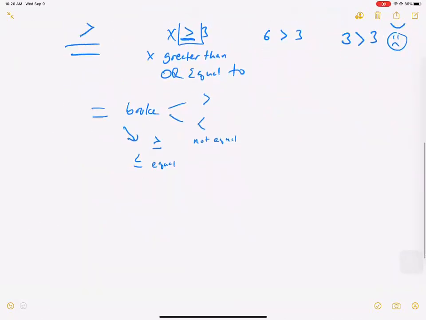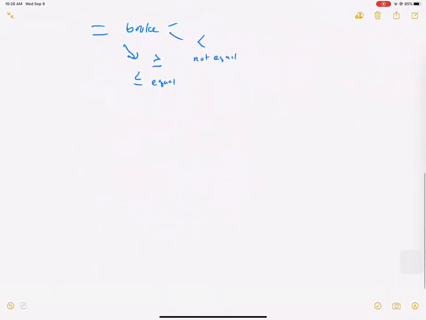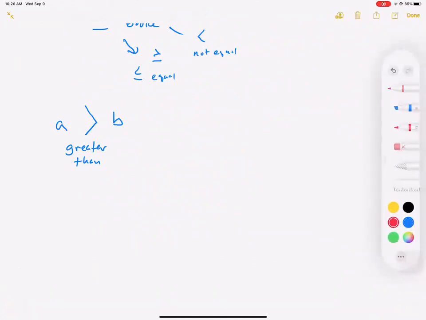Okay, so I'm gonna draw all the different ways that we're gonna look at these, 4 different ways of looking at inequalities. So first let's start off with the easy one, this symbol here. This is what we call greater than. And we read from left to right in English, so this is A and B. So you can see it as A is greater than B, reading from left to right.